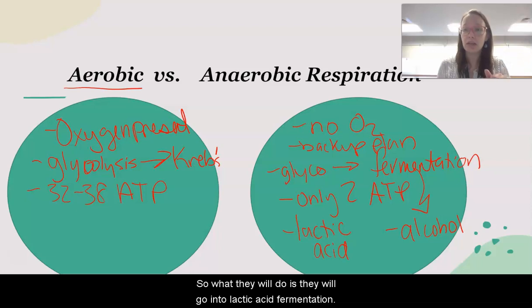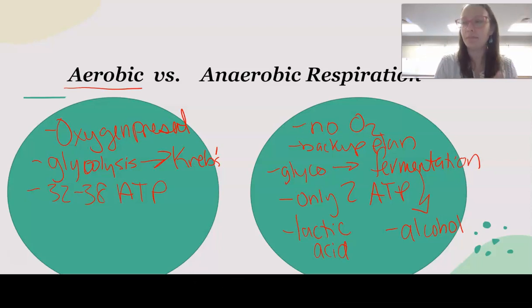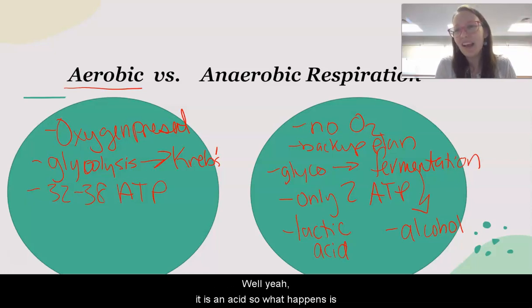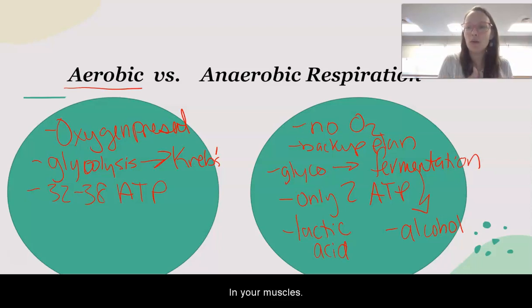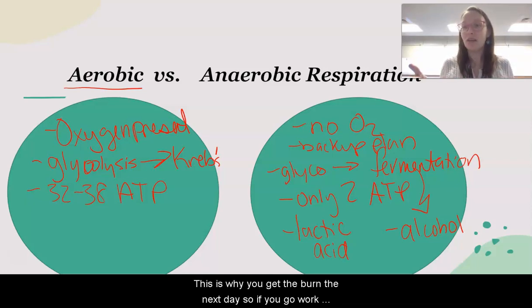So what they will do is they will go into lactic acid fermentation. And acid, you think burning? Well, yeah, it is an acid. So what happens is in your muscles, lactic acid will start to build up. This is why you get the burn the next day.